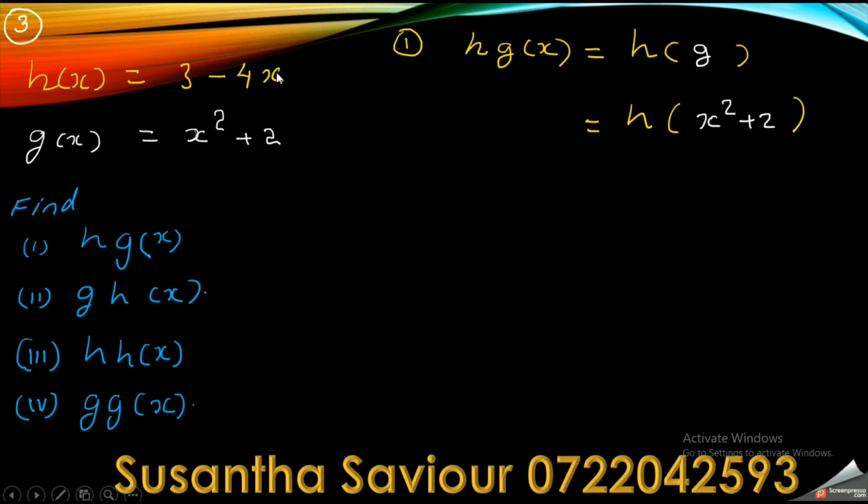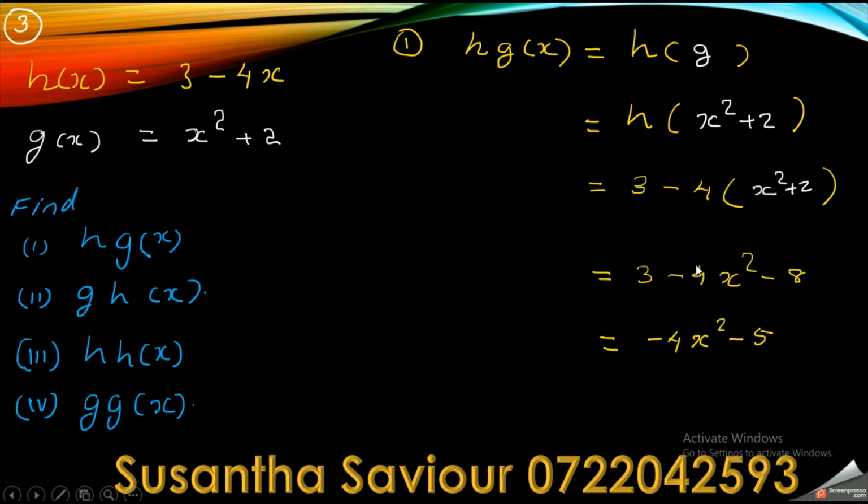So this is h(g(x)). Now you can mathematically simplify this. You can remove this bracket by multiplying by 4, and then you get minus 4x squared minus 5, right?